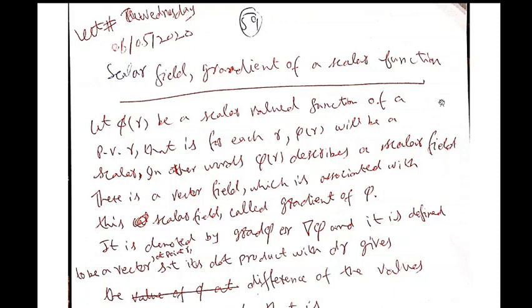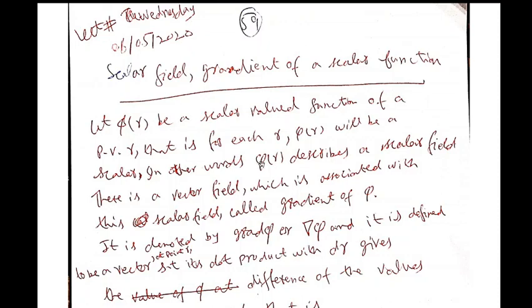So associated with this scalar field phi of r, we have a gradient of phi, del phi. We can define with this phi a vector field which is called the gradient of this scalar function phi.